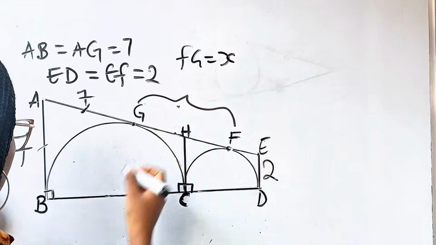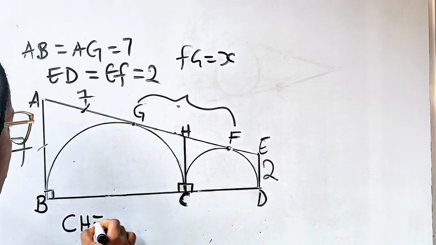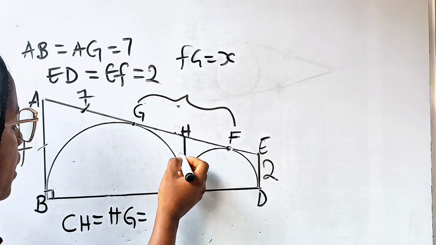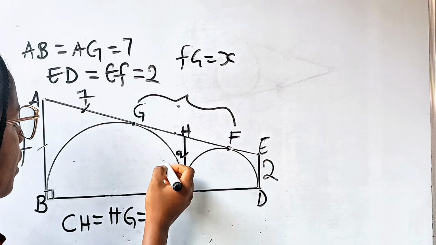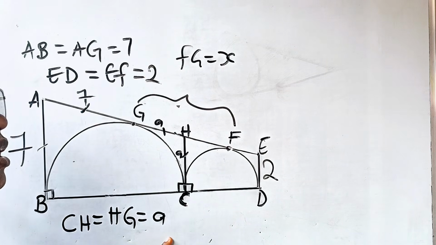So we also have to write that CH is equal to HG, and if this place is A, that means this place is also A. So both of them are equal to A.